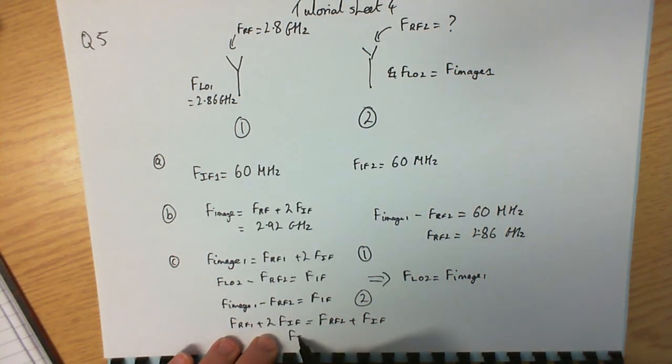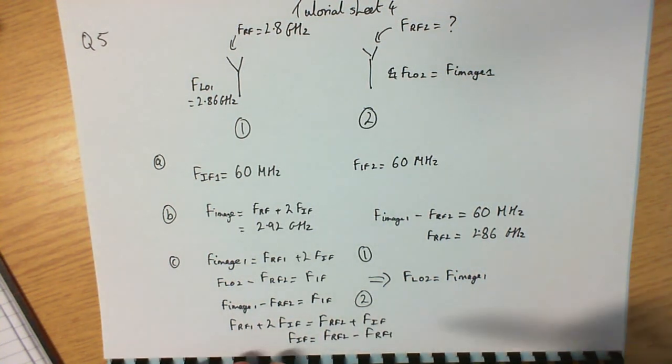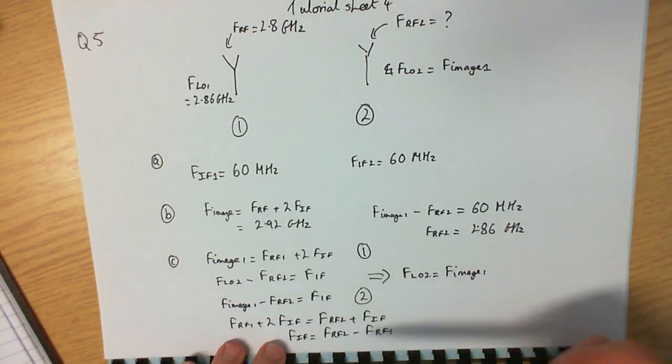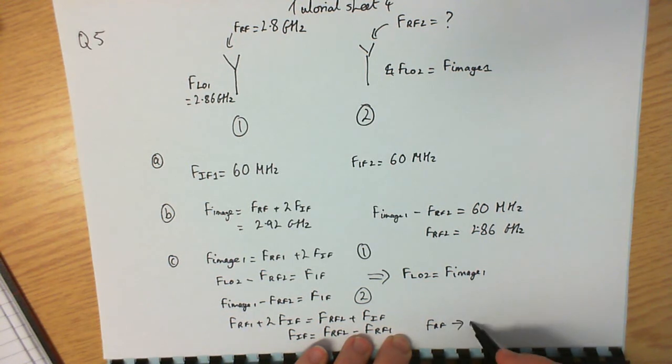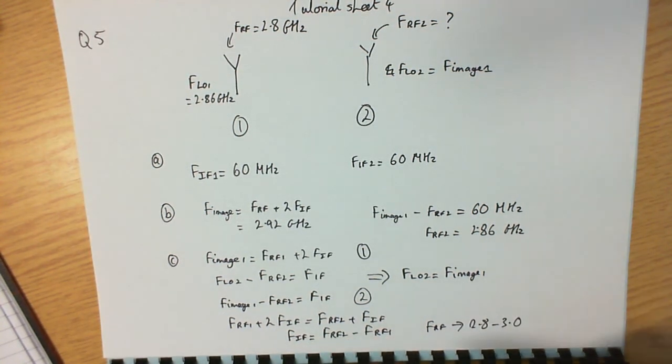So our FIF has got to be equal to FRF2 minus FRF1. And what we're trying to do is maximize this, because FRF could be anywhere between 2.8 to 3 gigahertz. And so we want to maximize this.